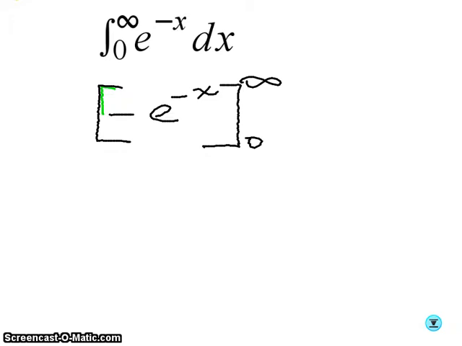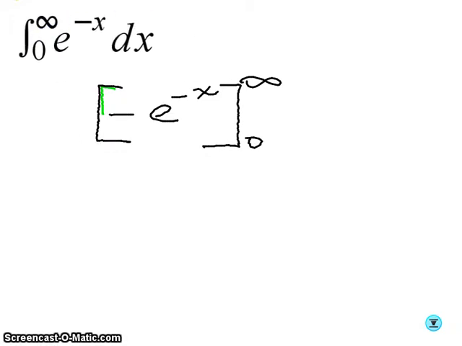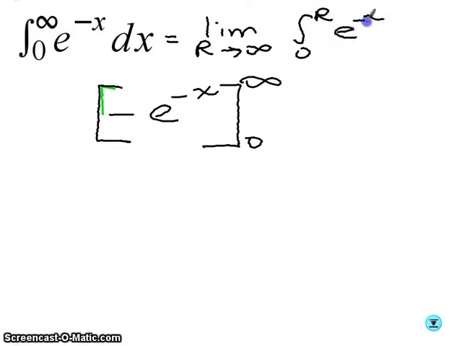Well, actually what we're going to do is rewrite this to begin with. We're going to write it as the limit as r goes to infinity of the integral from 0 to r of e to the negative x dx. So then when I take the actual integral of it, this is no longer infinity.